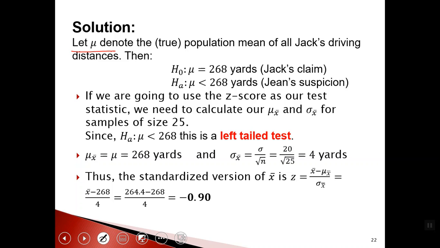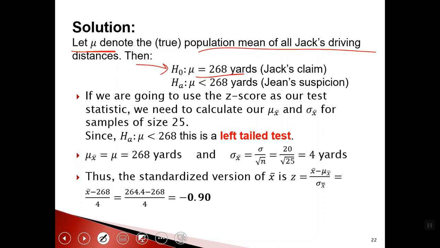So first you have to define what mu is. Mu is the population mean of all Jack's driving distance. Your null hypothesis, H naught, says mu equals the given value, 268 yards.